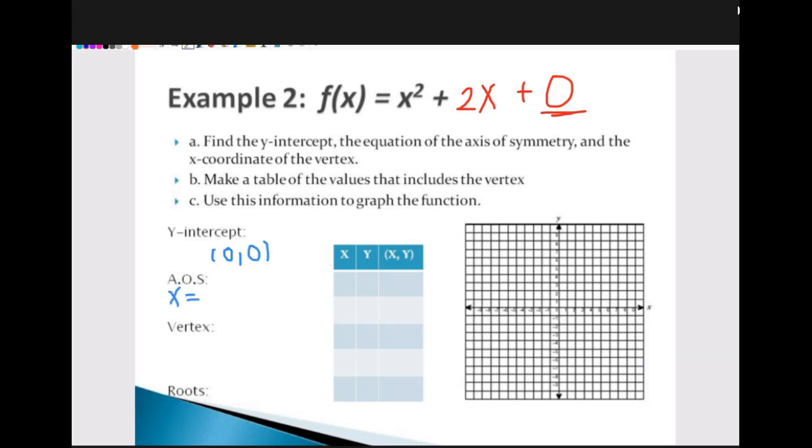Axis of symmetry is -b divided by 2a. So -1. Plug in -1 to find k.